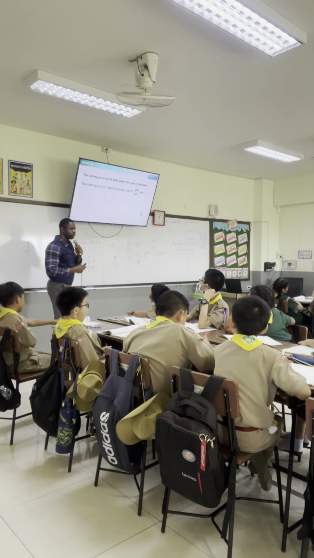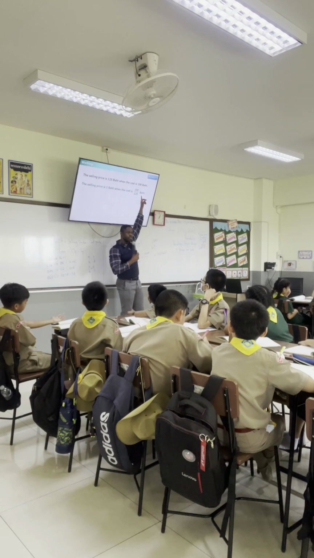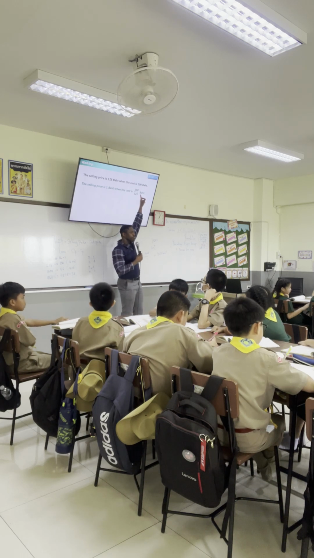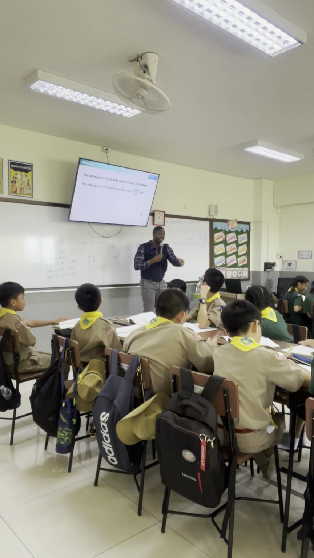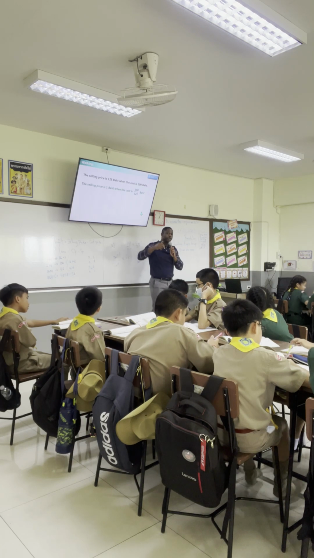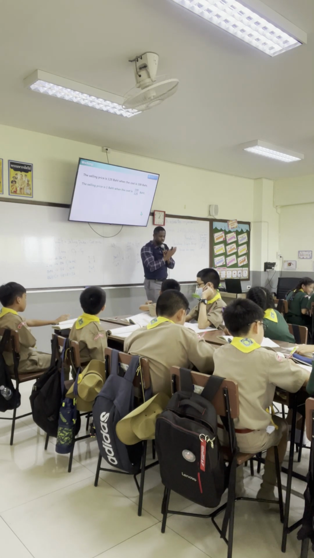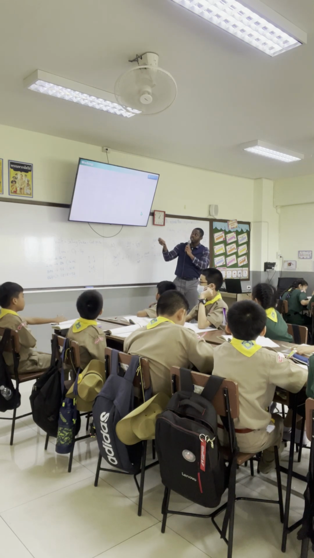Do you understand why 125 is at the bottom now? Why is 125 at the bottom? Because we know the selling price. We don't know the cost price. Okay? If you know the selling price, you need to read the question. Let me go back. You need to read the question and understand it.